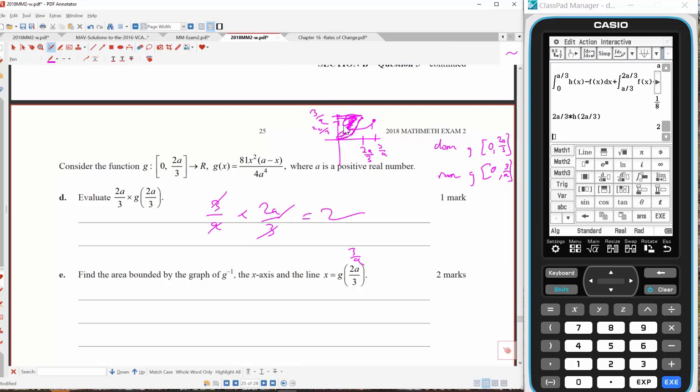All right, so there's a couple of options. We could attempt to integrate on y, but the best bet is to use this answer here. So what I'm actually going to do is integrate g of x between 2a on 3 and 0 dx, and that's going to give us this area here.